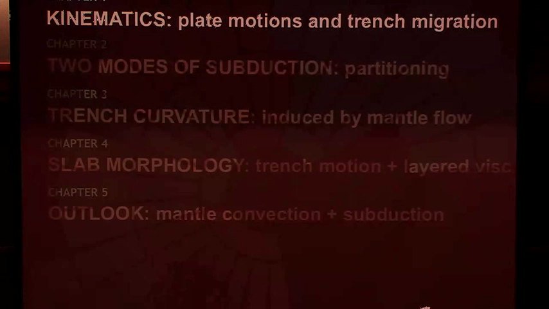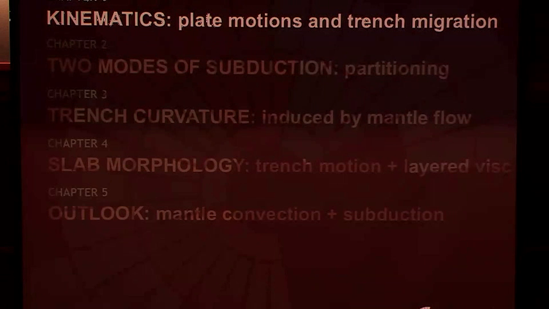All right, so a little outline of what we're going to cover. Some kinematics of what I mean by plate motions and trench migration. I'm going to show you a simplified model for the different ways a plate can subduct. And then I want to talk about a couple of key results. One is the trench curvature, how trenches develop. There's a little fairy story about the Earth being like a ping pong ball. It's not true.